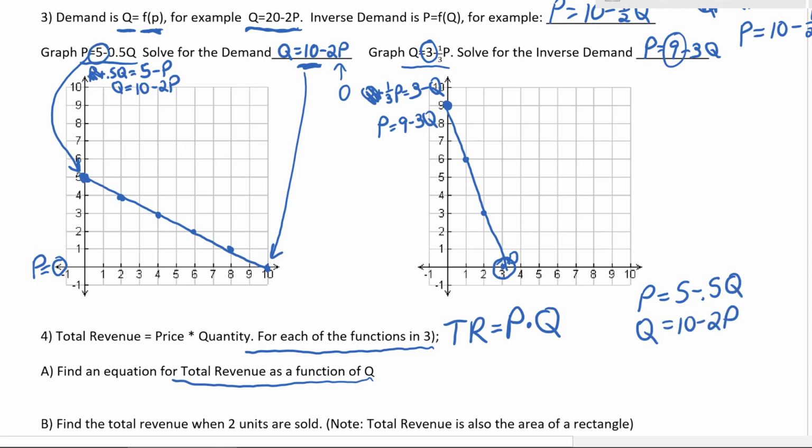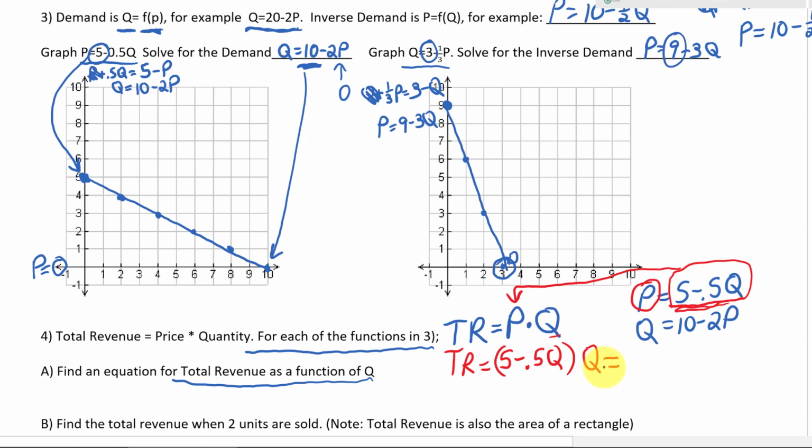Let's see what would happen if we take this P. What this equation is saying is that this right-hand side, 5 minus 0.5Q, is P. So what we can do with that is take that part right there and plug it in right here for P, and see what happens. So now we're going to end up with total revenue equals P, which is 5 minus 0.5Q, times Q.